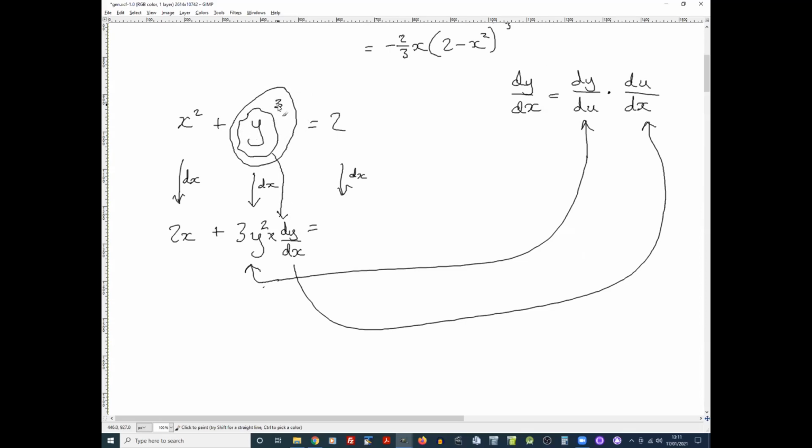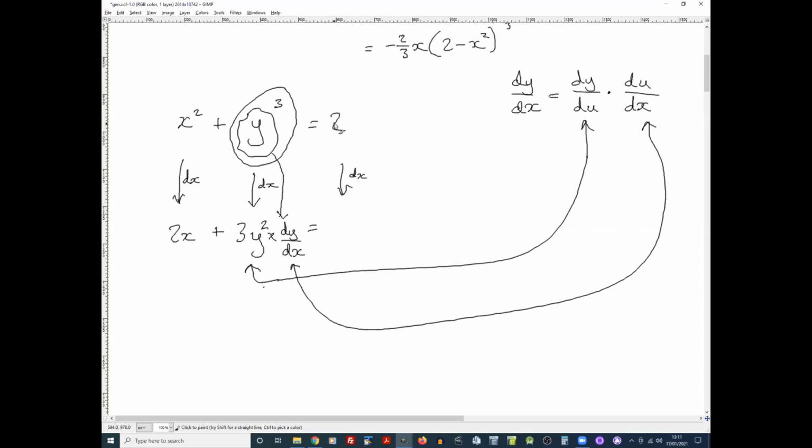We've got blob cubed is 3 blob squared, and then multiplied by the derivative of the inner function, which is dy dx. So what is dy by dx? We don't know. Although in a minute we'll be able to give a good expression for it, won't we?